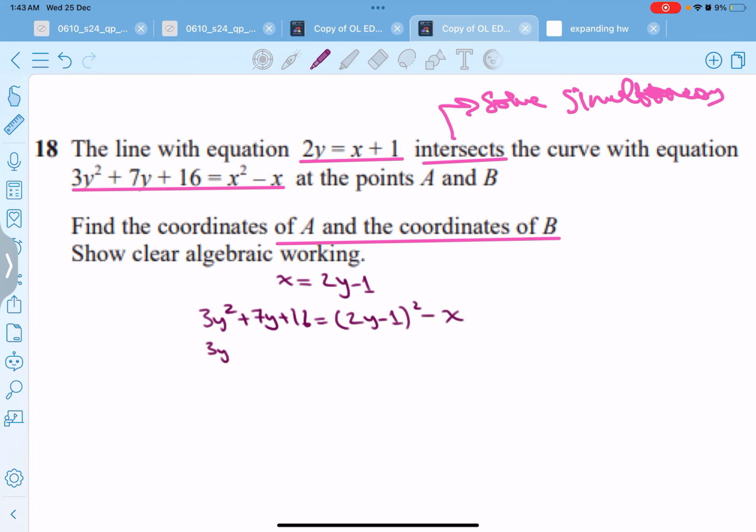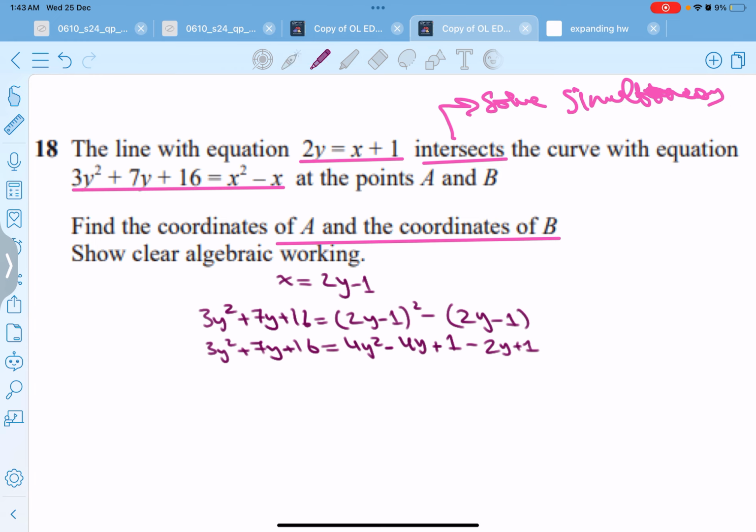So 3y squared plus 7y plus 16 is equal to 4y squared minus 4y plus 1 minus x. Sorry, I'm supposed to substitute the x. Minus (2y minus 1), so it's basically negative 2y plus 1.